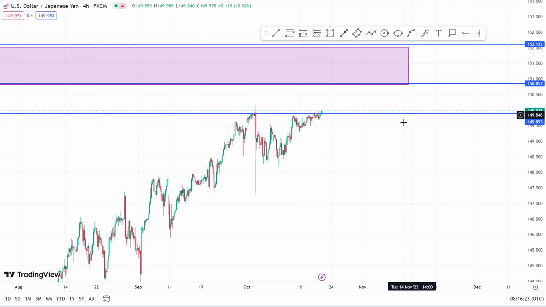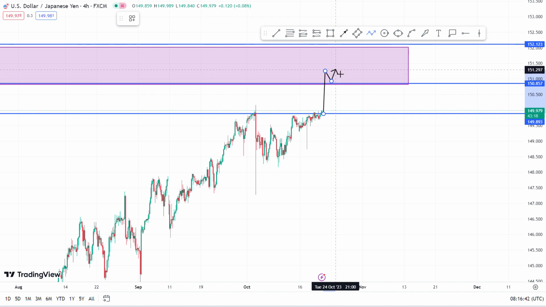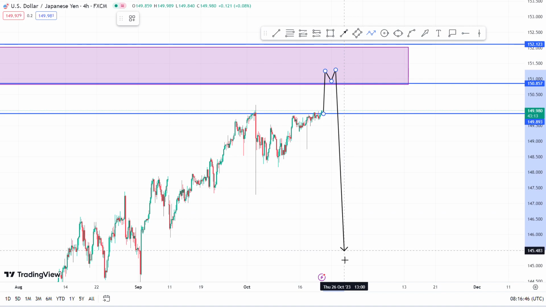So this zone is a 50% entry according to the weekly bearish candle, right? But we can still wait or try to anticipate a little bit of market manipulation to reach at least this side, right? So once the market reaches this zone, boom, trust me, it is going to sell.